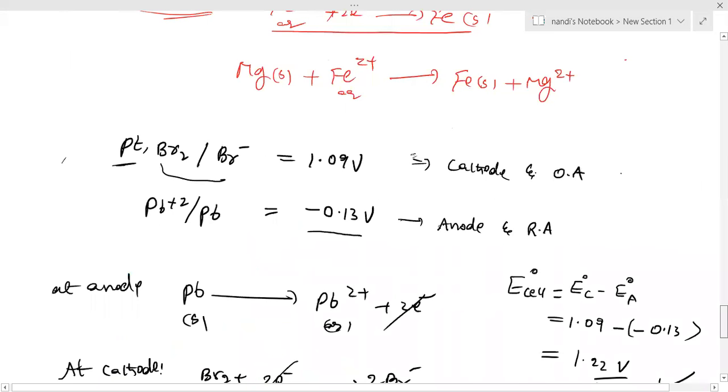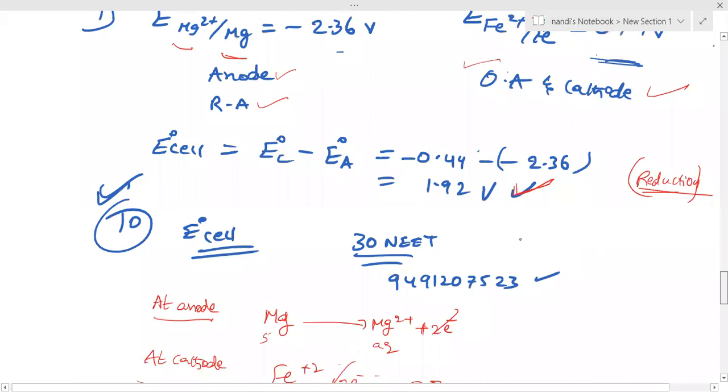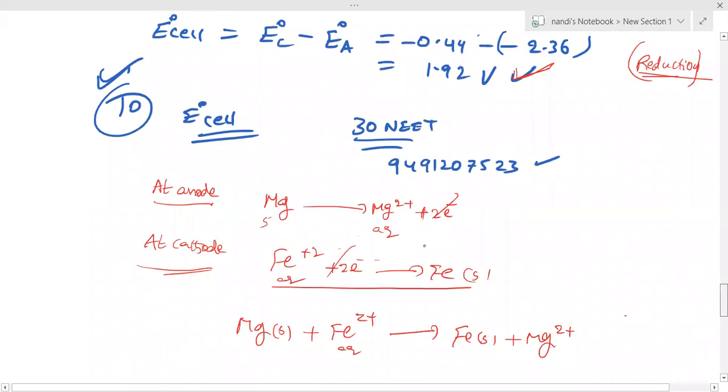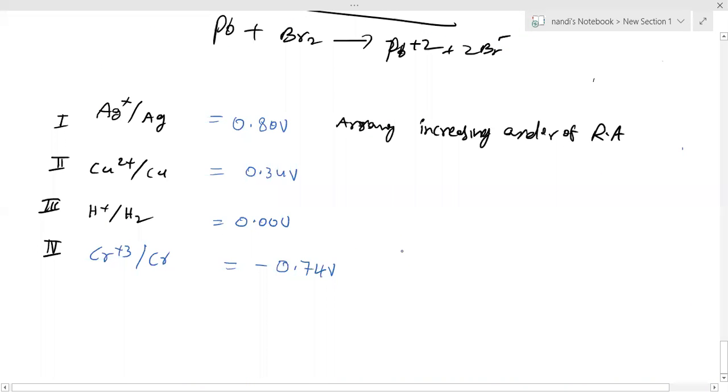The element with the lower E naught value is the strong reducing agent. Please note down this point. You can arrange them: this is the least value, so the strong reducing agent. Next least 0, next 0.34, 0.80.